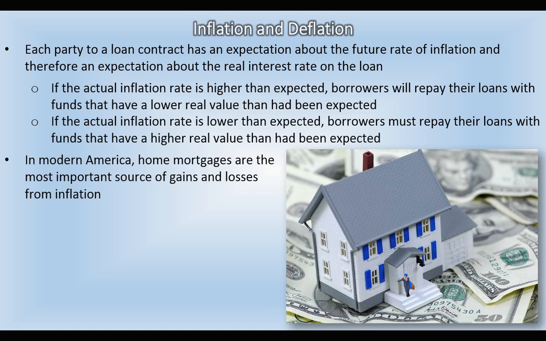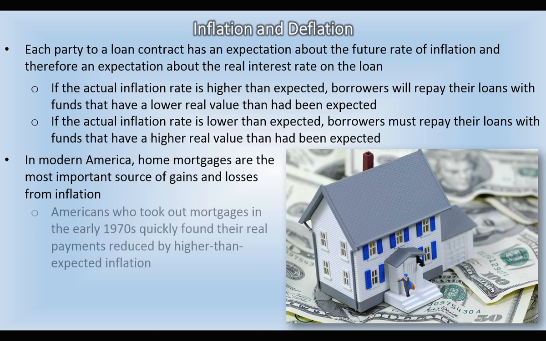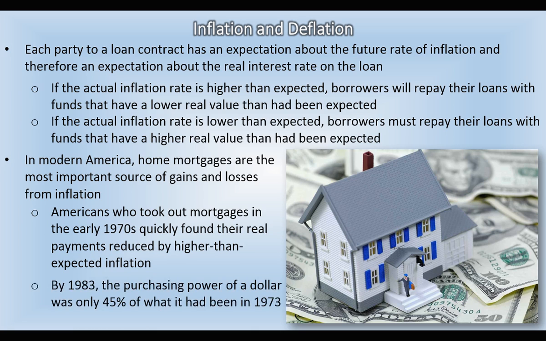In modern America, home mortgages are the most important source of gains and losses from inflation. Americans who took out mortgages in the early 1970s quickly found that their real payments, their payments adjusted for inflation, were reduced by higher than expected inflation. By 1983, the purchasing power of a dollar was only 45% of what it had been in 1973.